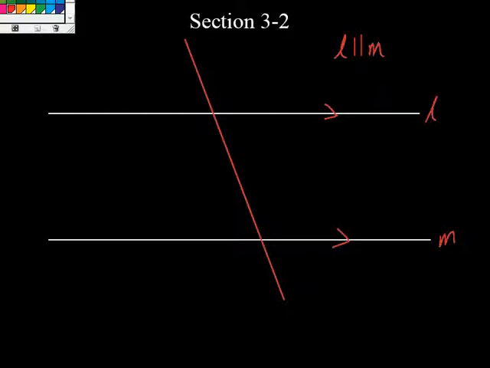Let's put some angles in here. 1, 2, 3, 4. We'll label it just like we did before. All right? So what we learned yesterday was just the names of the relationships between these angles. It really was not that significant yesterday.